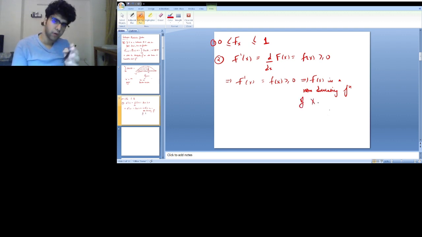I'm seeing the properties from the book and then I'm writing them so that I don't miss any point, right? So F dash x is equal to f(x) greater than or equal to 0. F_X is a non-decreasing function of x.